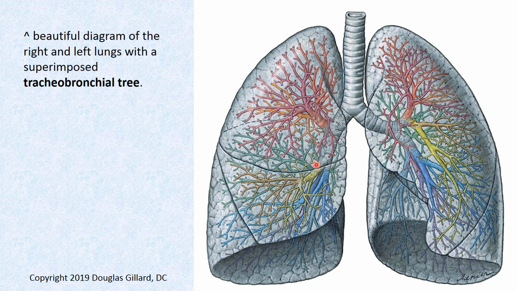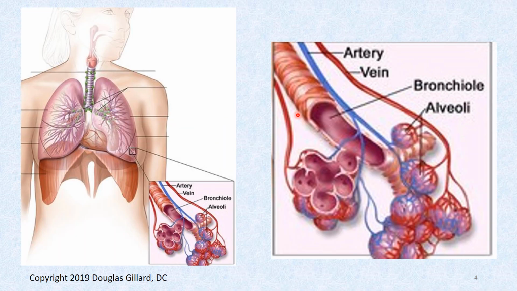Then we have three lobular bronchi on that side and two lobular on the other, and they go smaller. We'll see an exact breakdown of this tracheobronchial tree, but it's literally like a tree. And if that's the ground, this is the root system. Maybe it's the trees in a little valley, so some of the roots have grown up. But they get smaller and smaller and smaller. So that's the setup of the lungs.